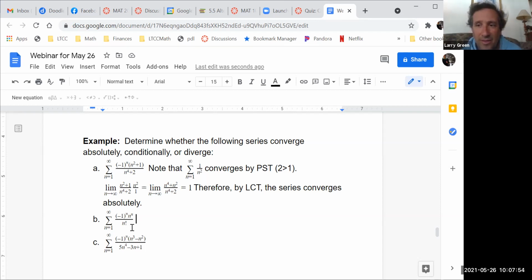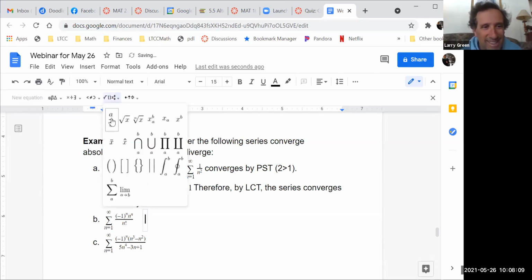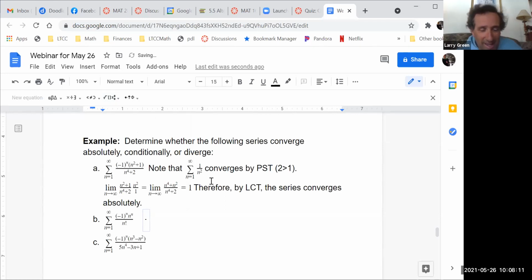So what's the guess? If it helps, let's just look at something, because I don't see anyone guessing. I'm just going to look at this n to the n over n factorial.